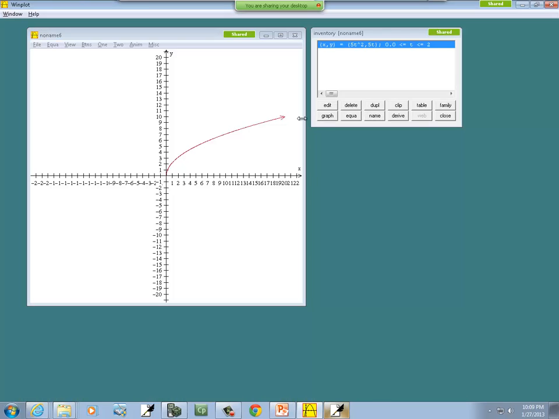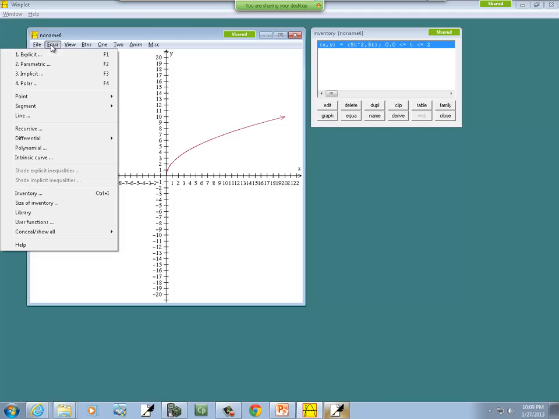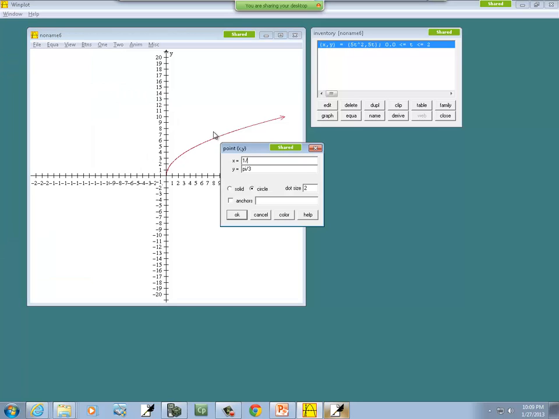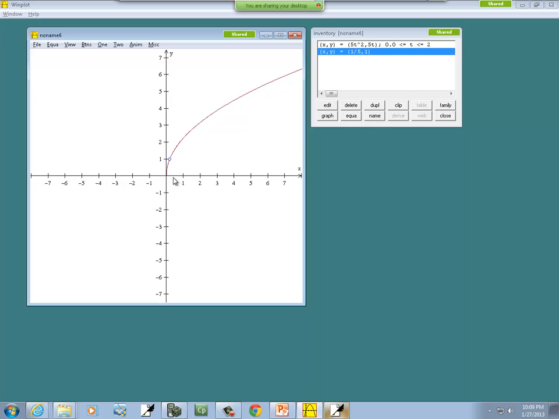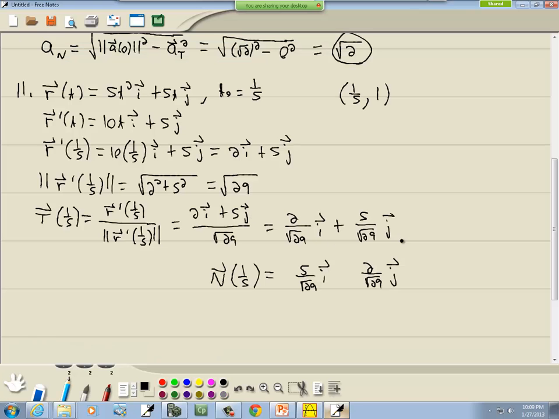Now we're examining it at the point 1/5, 1. So if I go put a point there, I'll do equation point xy, 1 divided by 5 and 1. Click OK. So we're looking right there. Well, we just found our tangent vector, so let's look at that.